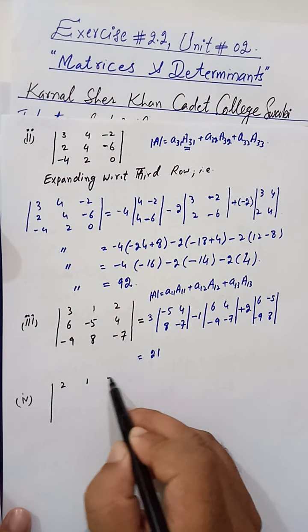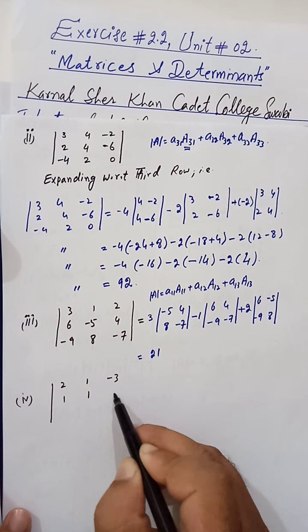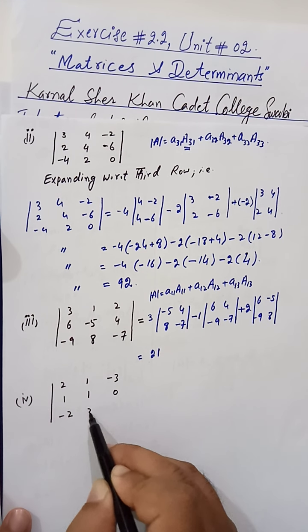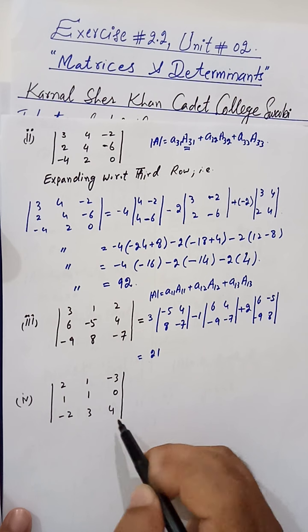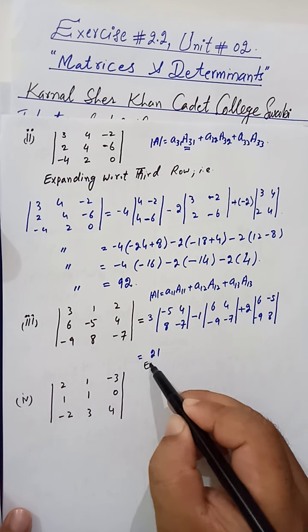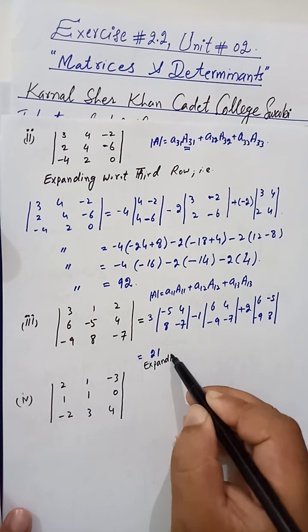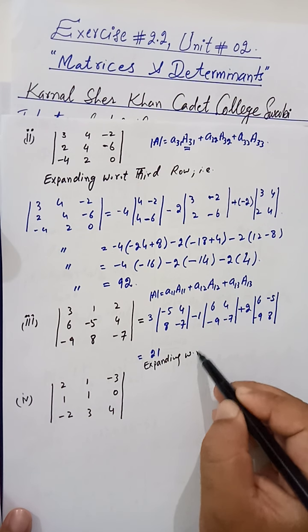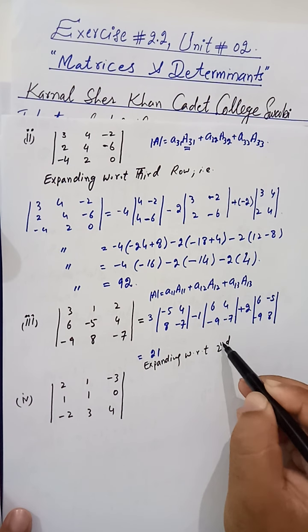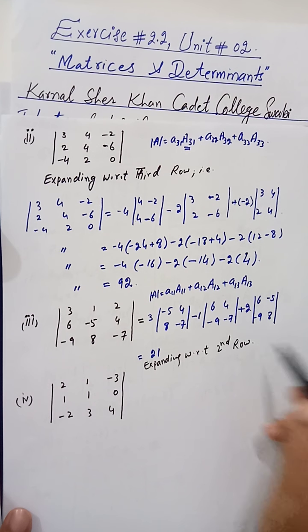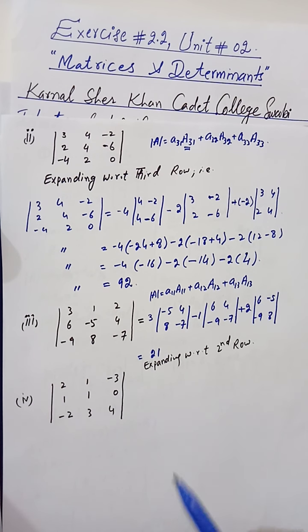Part number 4 is 2 1 minus 3, 1 1 0, minus 2 3 4. So I am expanding this determinant with respect to second row, because you see that there is a 0 in second row and 0 in the third column. So you can also do it with the third column, so there will be less calculations.